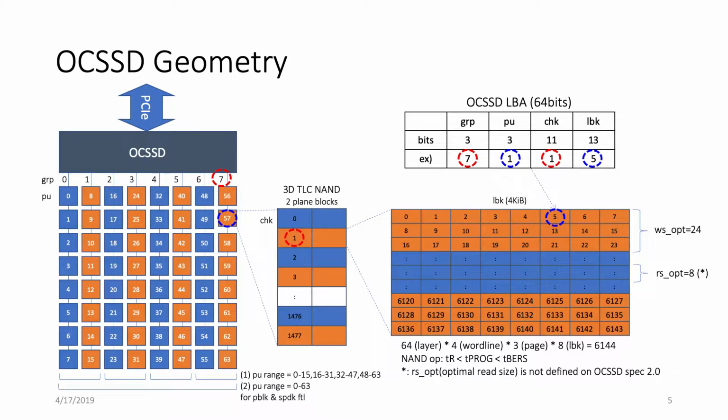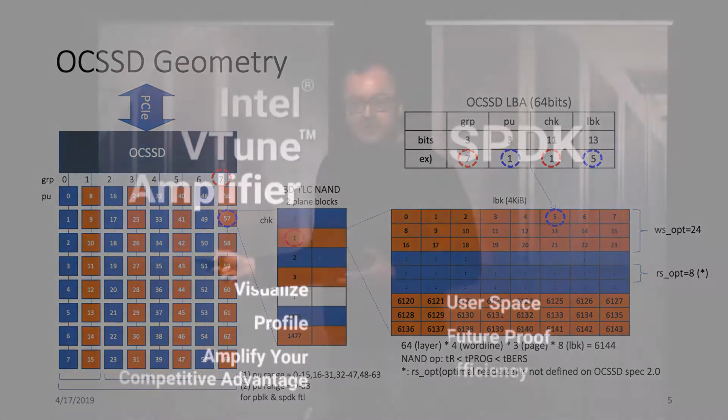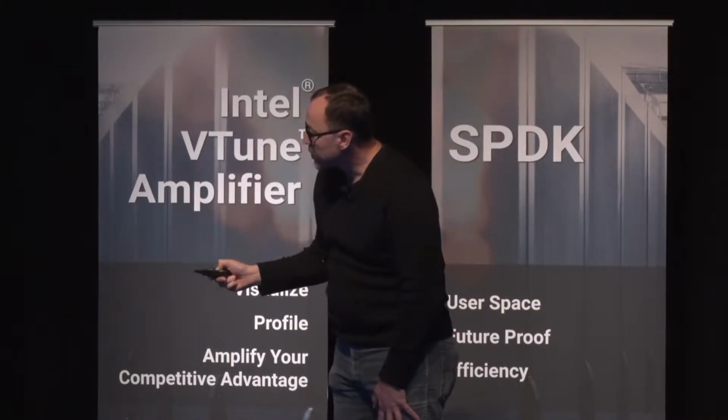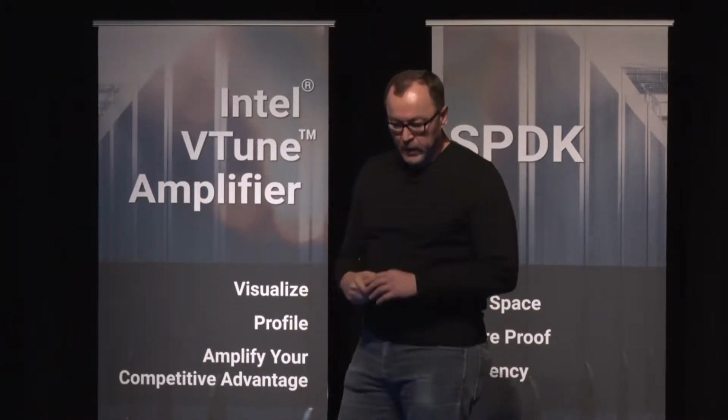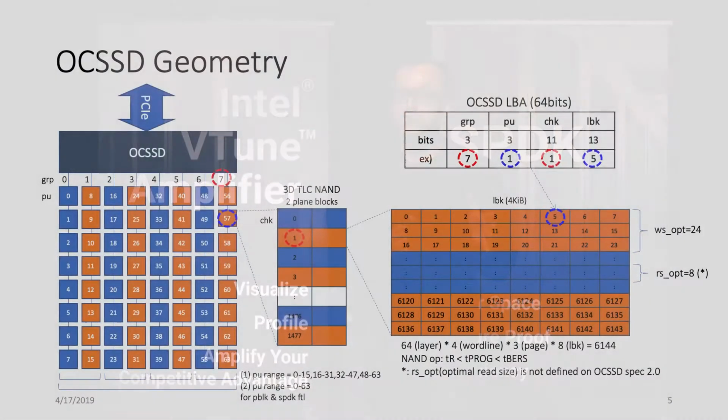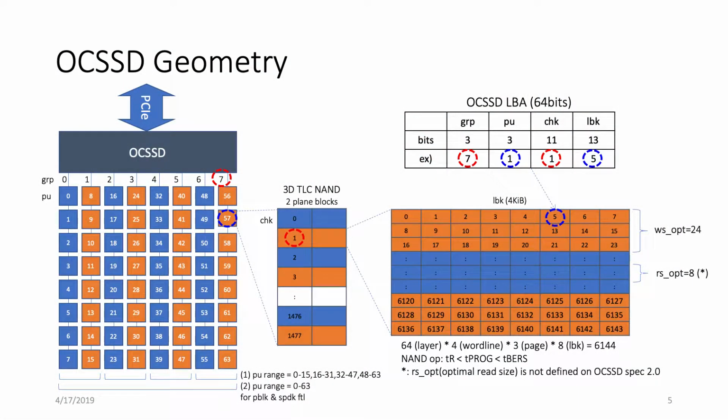And then the other thing is that when we did our analysis, we took this array and programmed it in 2 different modes. The first mode is when we divided up the physical units into 4 different channels. So this is when we isolate the blocks, and we could run some performance programs on that. And then the other case is when we use the full 64 physical units as a single block device.